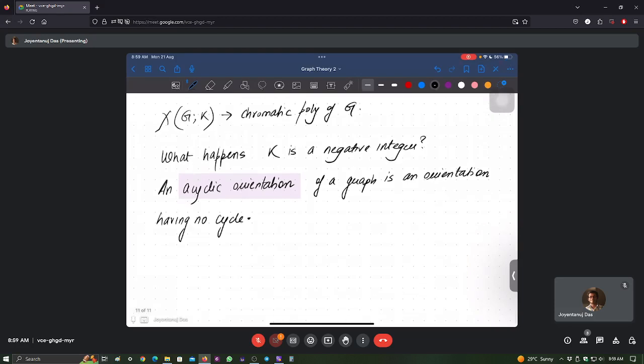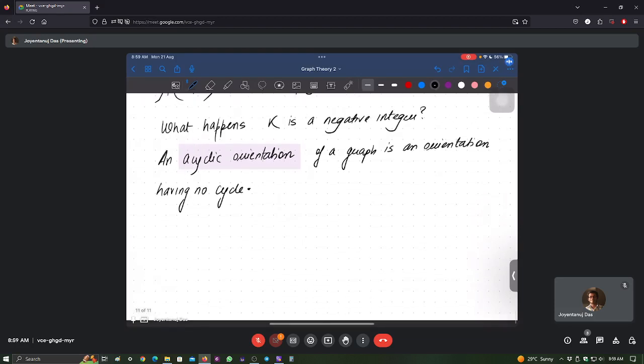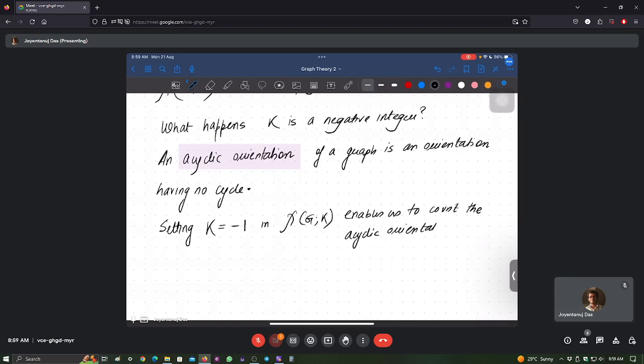Actually, if I set k equals to -1 in this chromatic polynomial, it enables us to count the acyclic orientations of G. So this is one observation.